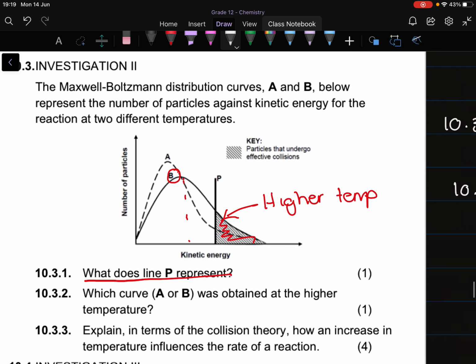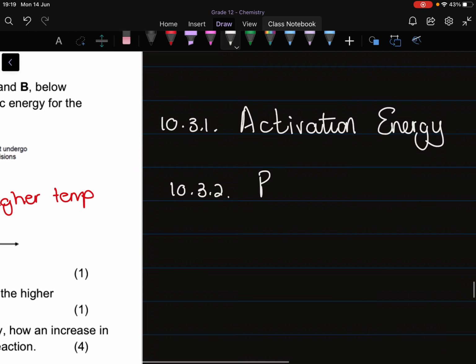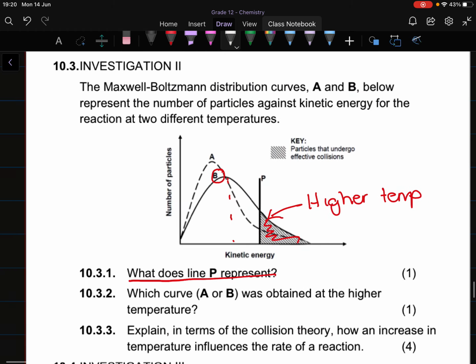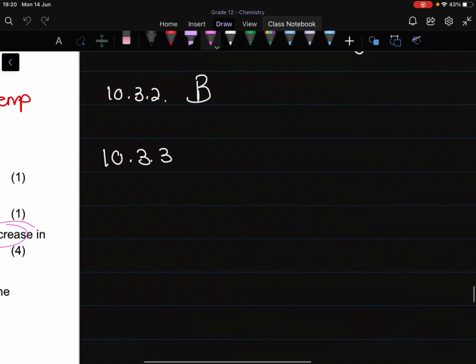Which curve A or B was obtained at the higher temperature? B, we just did that. 10.3.3. Explain in terms of collision theory, and I know you can't see what I just did. Collision theory, how an increase in temperature influences the rate of reaction.